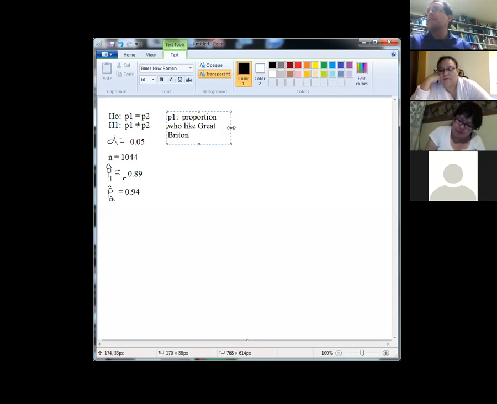So I had to pick one of them, and I chose the first one to be Great Britain. And P2. But there's no actual rule that you have to make the smaller one P1? No, there's no rule about it at all.